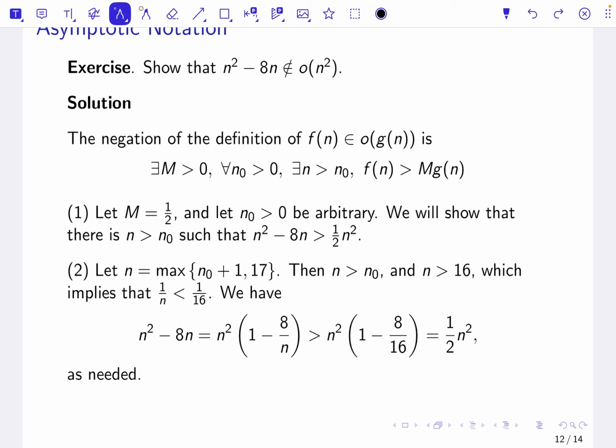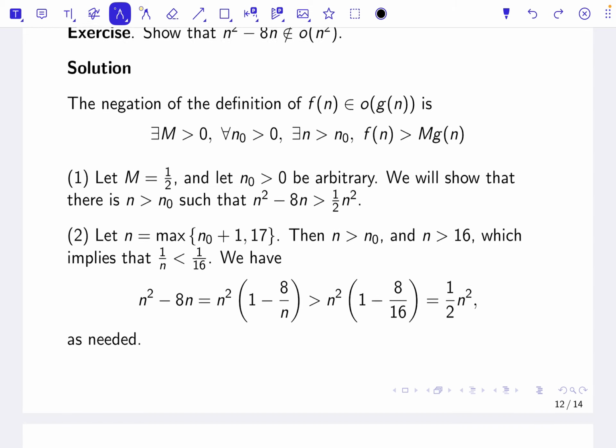We're going to have to choose a specific m and choose a specific n. As always, we start with the inequality we want and sort of reverse engineer it.